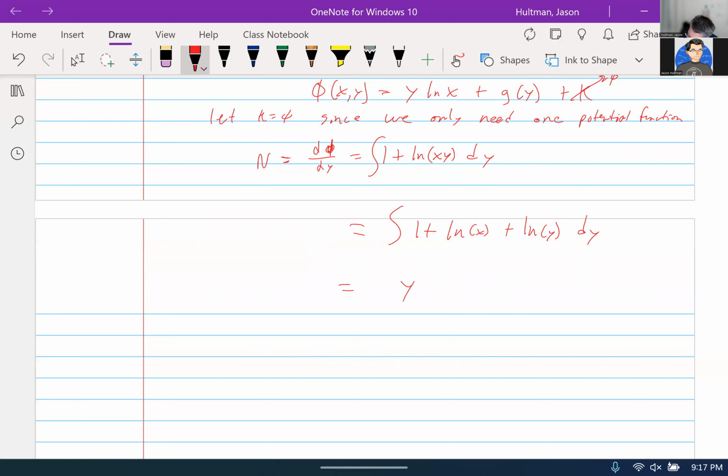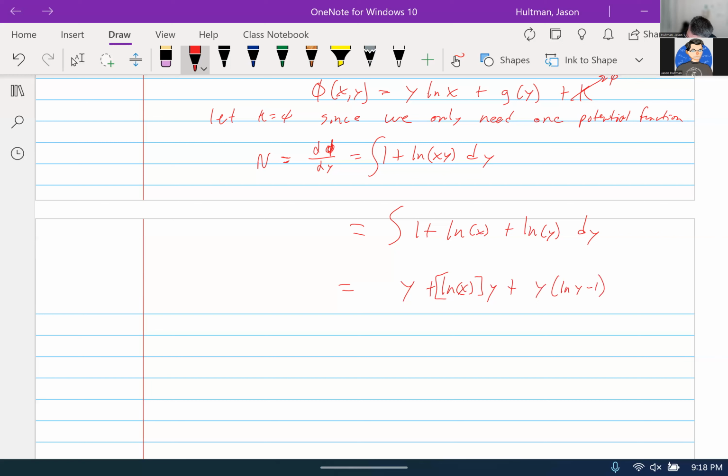The integral of natural log of x, that's just a constant, so that's going to be natural log of x all times y, plus the integral of natural log of y, which is y times the natural log of y minus y, or y times natural log of y minus 1.